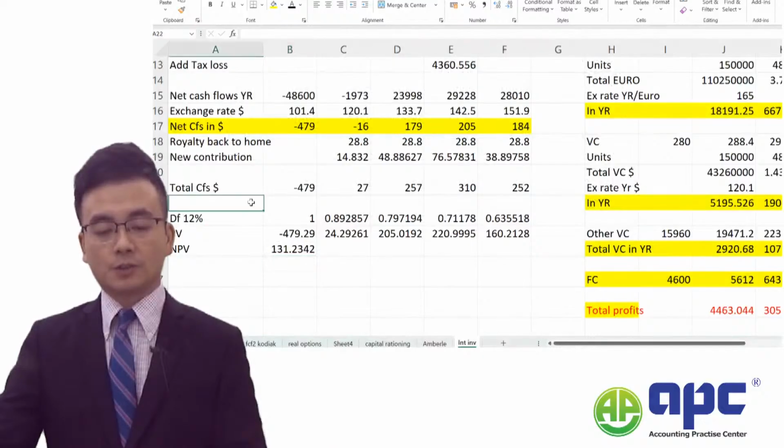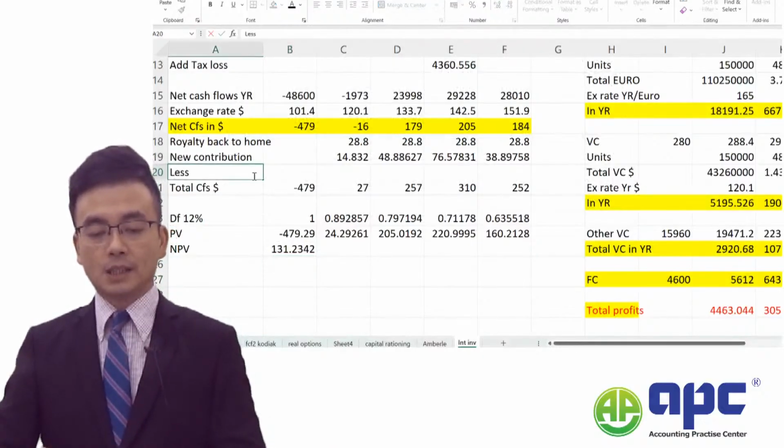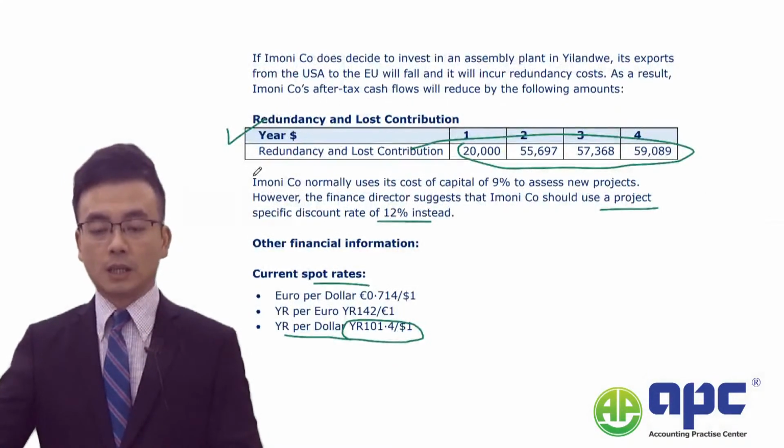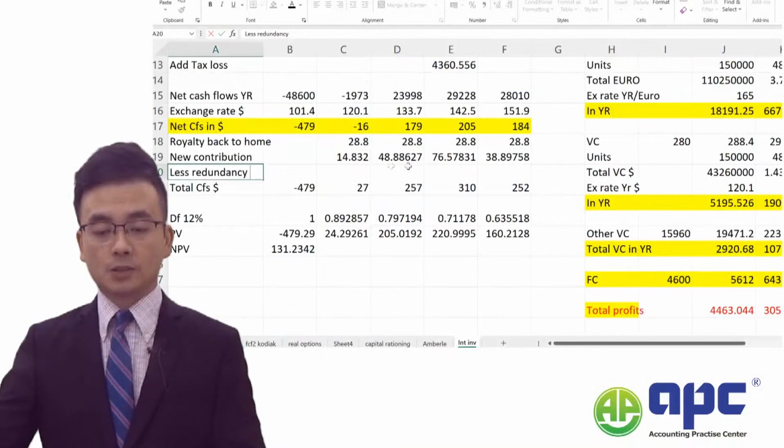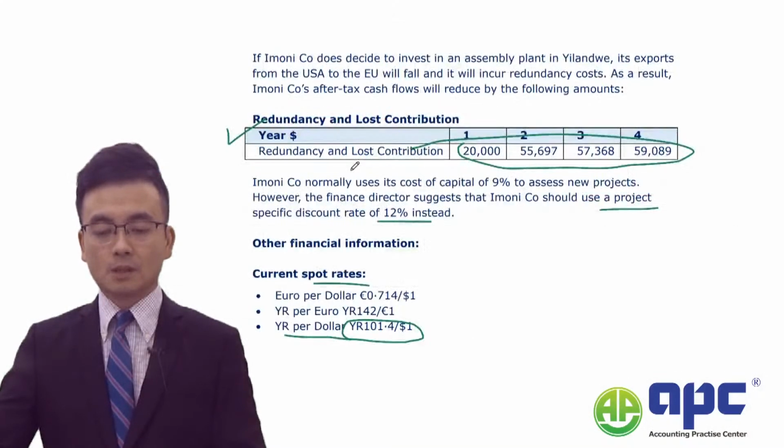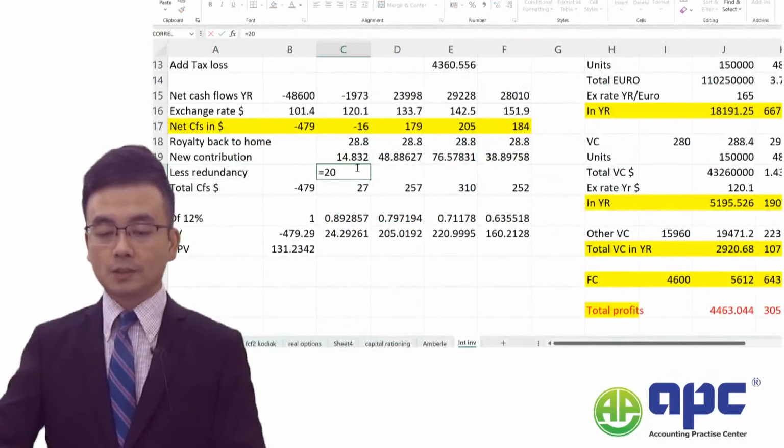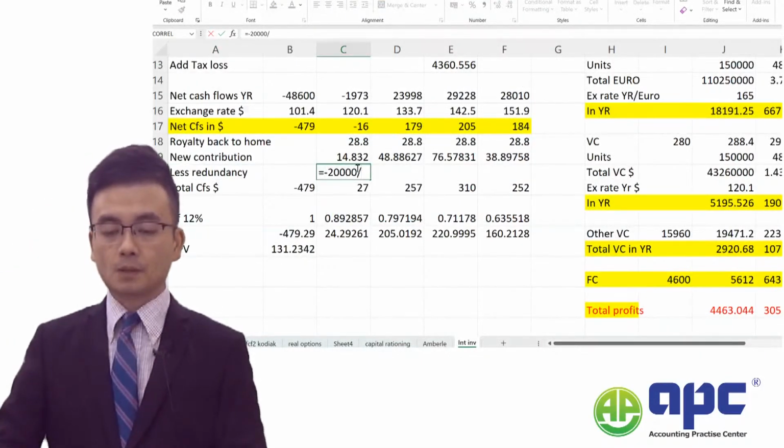So for the total cash flows here, you can also say that we'd like to subtract any redundancy costs, to slot that back in, 20,000 and so on, but it's all in million, so that's why it's 20,000. So you just subtract that, and over 1 million, 160.